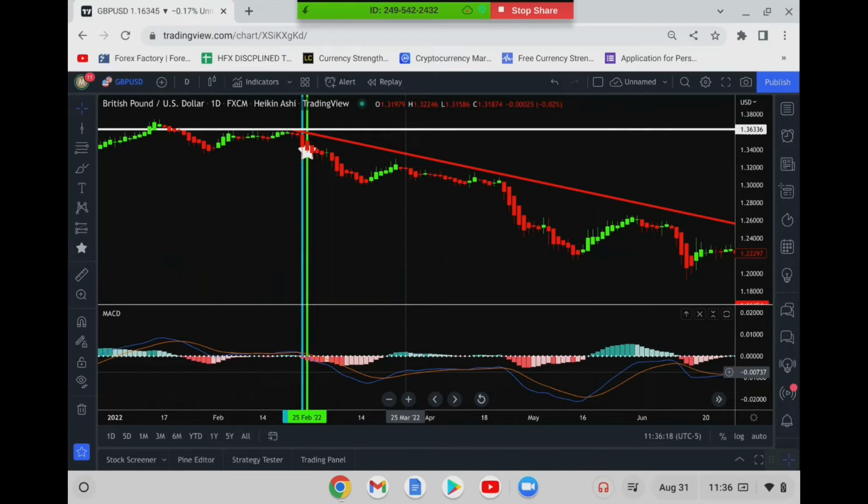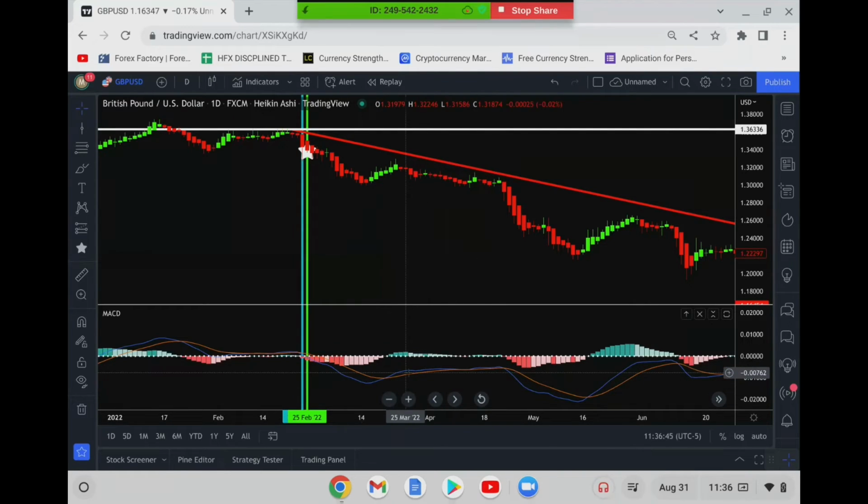Because we have our MACD and our signal line below our baseline, which is an overall confirmation that price is downtrending and we should only be looking for sells. So even though we got this cross up with the MACD and the signal line, we would have completely ignored this, you guys.